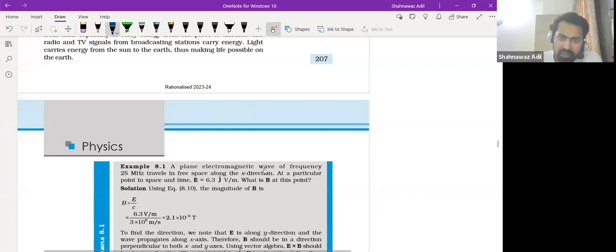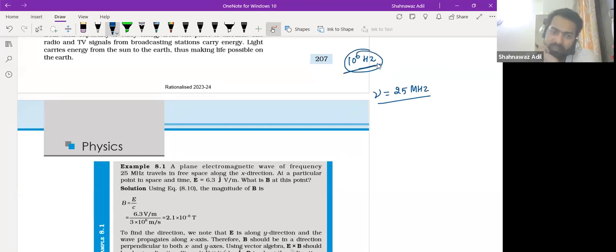So a plane electromagnetic wave of frequency 25 megahertz. So frequency is given, right? 25 megahertz. So what kind of electromagnetic wave is this? This is lying in the 10 to the power 6 range, right? So what kind of wavelength is this?